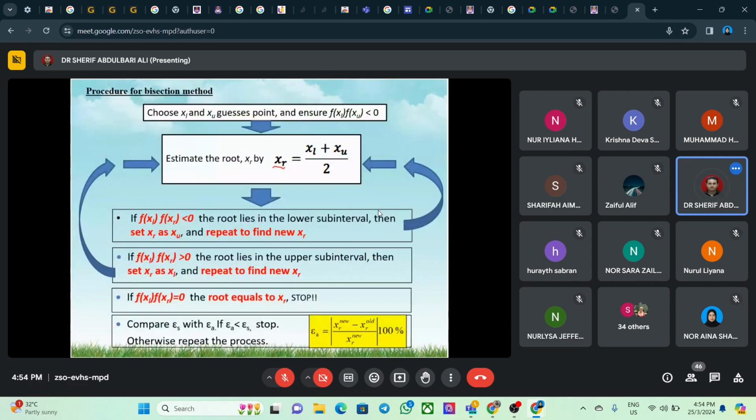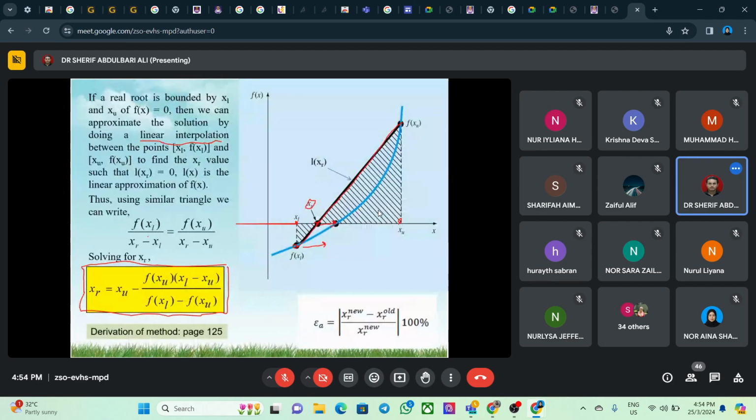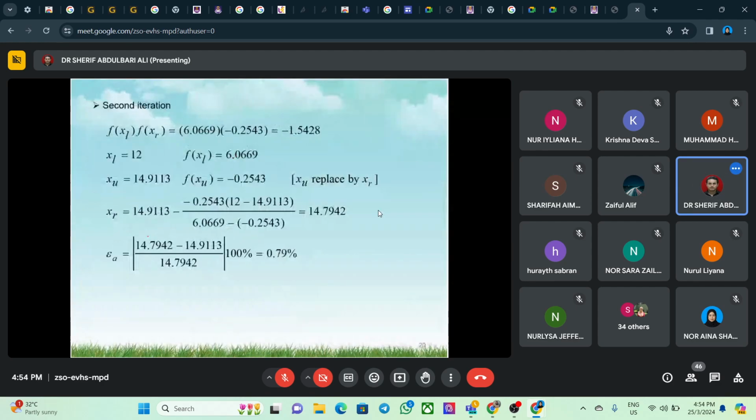So this means x upper will take the value of xr. x lower will remain the same, 12, and x upper will take the value of xr, which is 14.91.